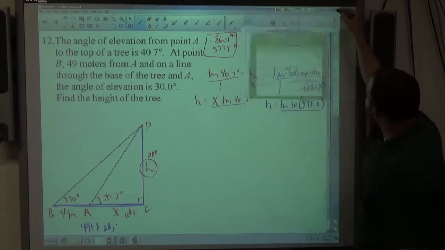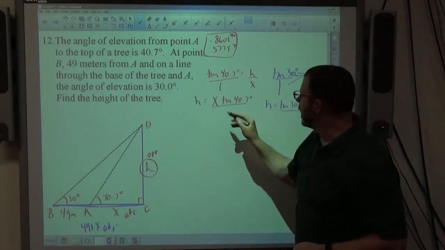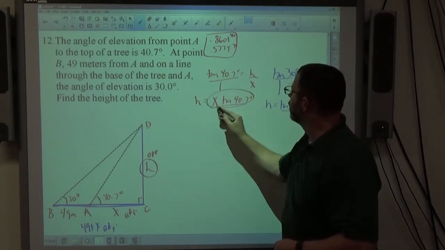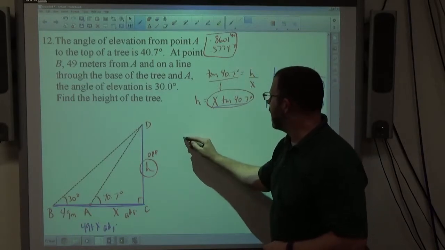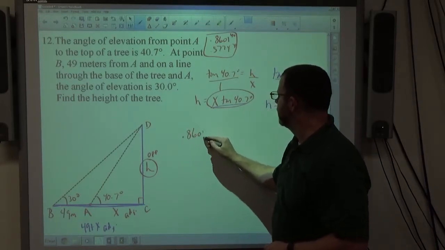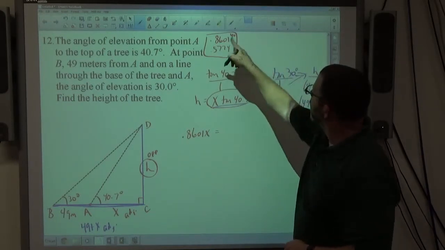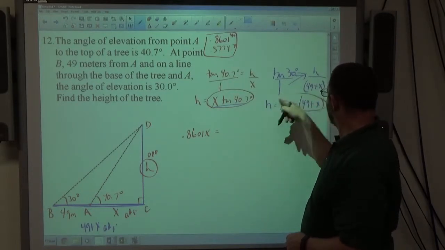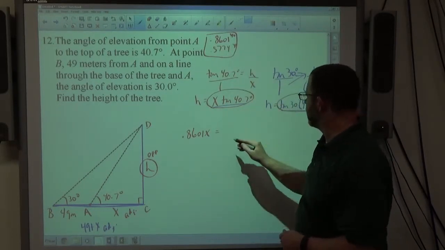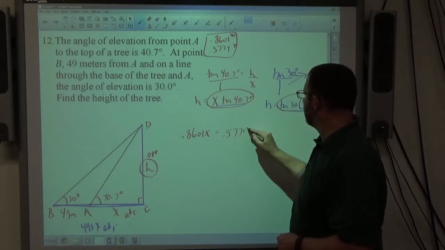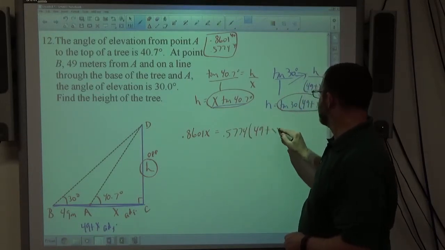So if I substitute those numbers in now, I'm going to get 0.8601x is going to equal 0.5774 times 49 plus x.